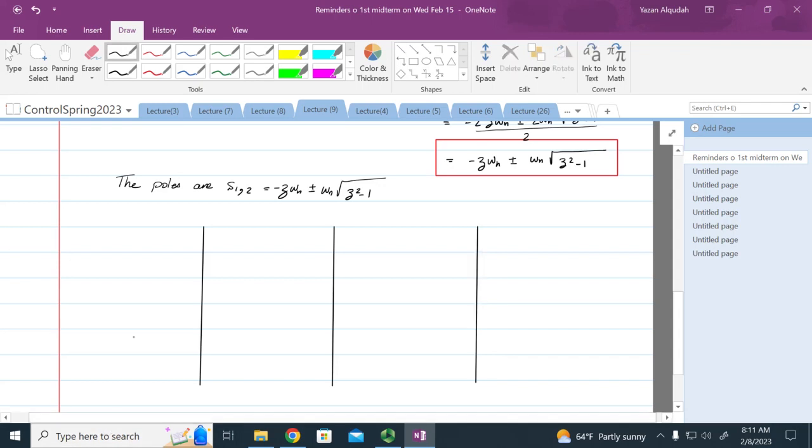So starting with zeta, we're going to look at what happens if zeta is equal to 0, what happens if zeta is less than 1, what happens if zeta is equal to 1, and what happens if zeta is greater than 1. What are the poles going to equal if zeta is equal to 0?